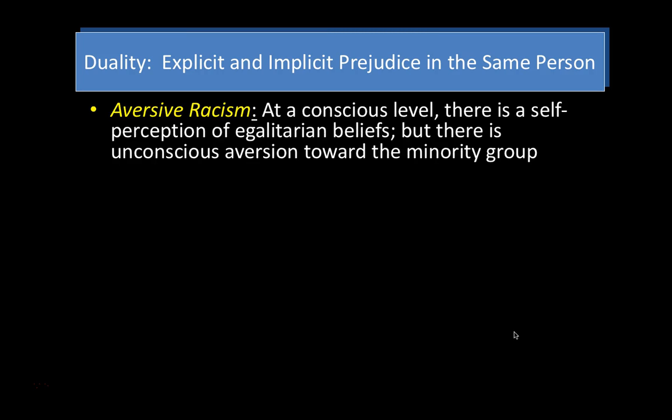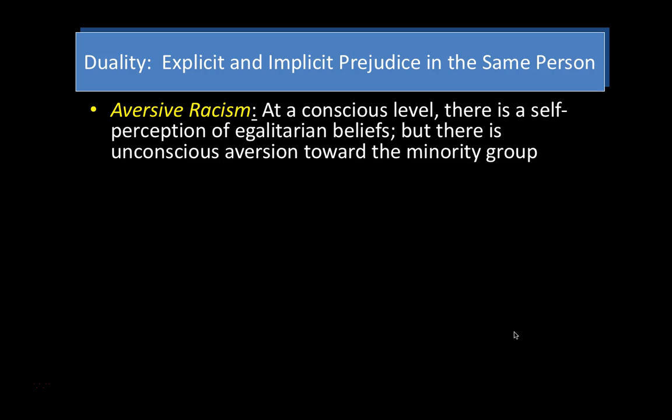Now, the other thing to keep in mind is that many people who have little explicit prejudice may nevertheless have implicit prejudice, so that we can get a duality in the same person. One theory that deals with this, for example, concerns white prejudice against African Americans.